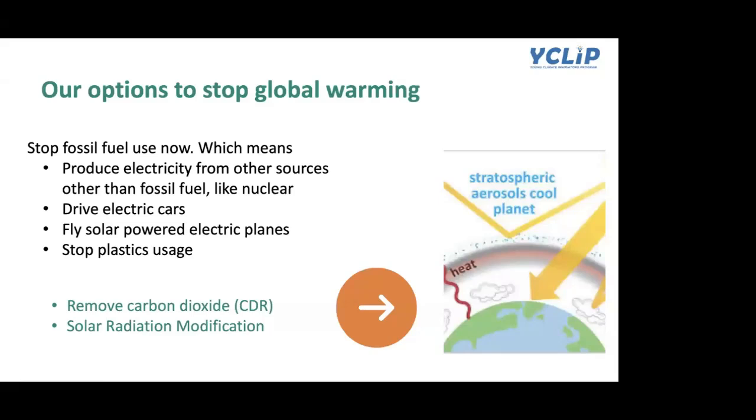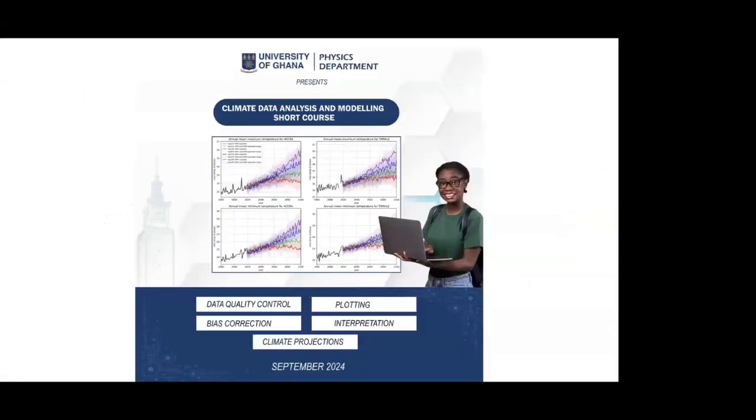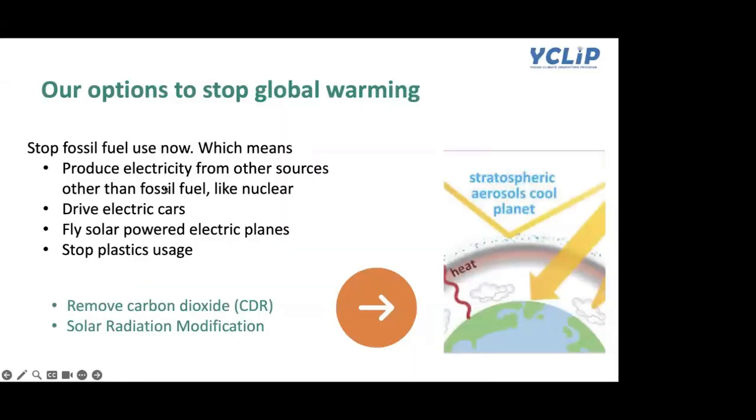So there are scientific techniques being explored, but we have to do all of them and not leave any out. Whilst we are trying to remove carbon dioxide from the atmosphere, it doesn't mean we should continue to use fossil fuel. We can stop fossil fuel and be more ambitious in our actions. So these are a few that I planned to share with us.